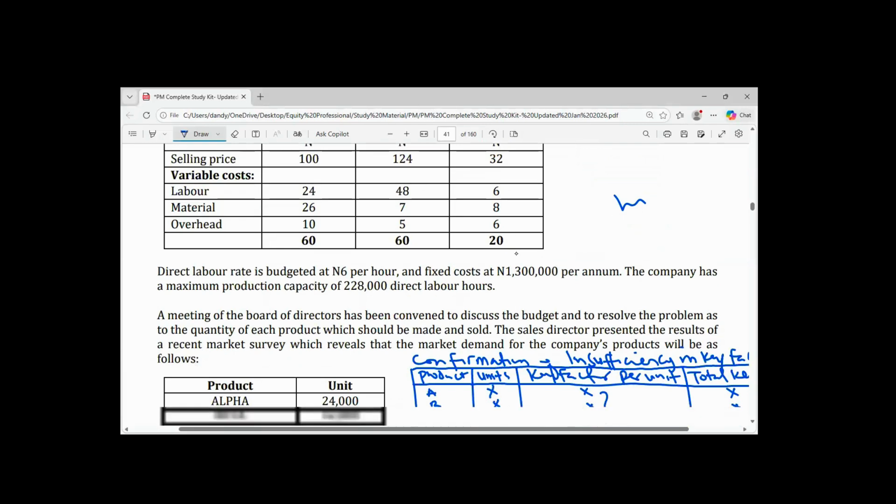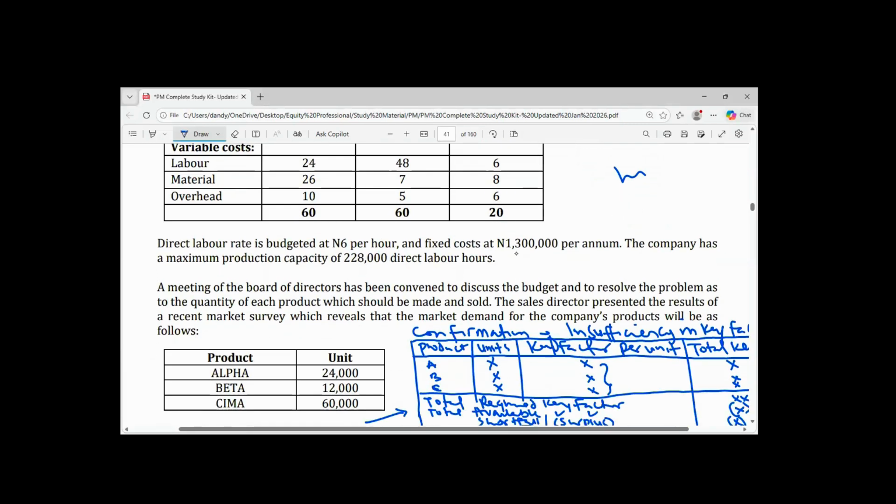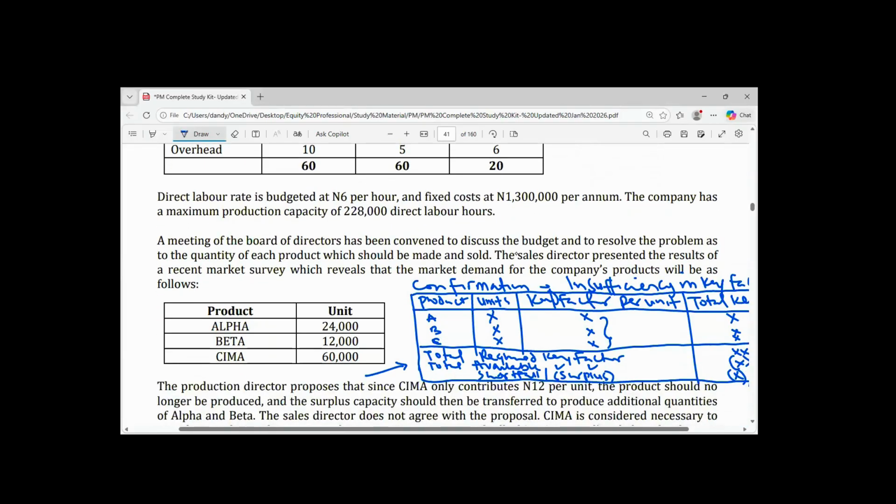Direct labor rate is budgeted at 6 naira per hour, and fixed cost at 1.3 million per annum. The company has a maximum production capacity of 228,000 direct labor hours. A meeting of the board of directors has been convened to discuss the budget and to resolve the problem as to the quantity of each product which should be made and sold.